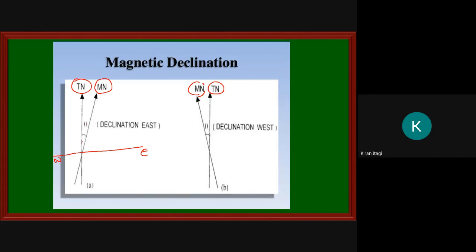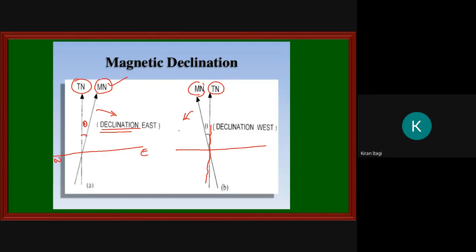West. Okay. See, the magnetic declination is towards the eastern side, correct? And this is my theta. So declination towards the east. Now here you can see the declination is towards the western side.